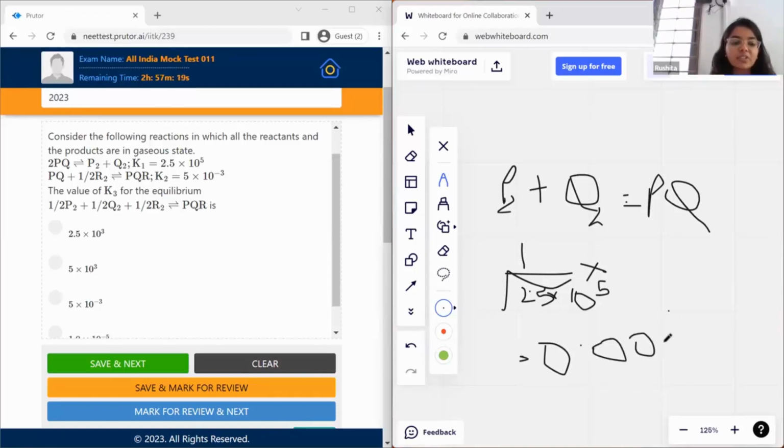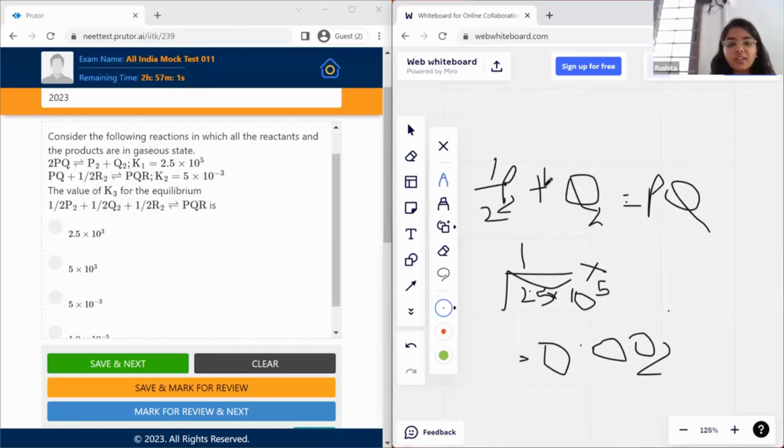And for the second equation, we just need to now add the second equation to this equation, the one with the half thing, where we did it half. You just need to add that to the second equation.